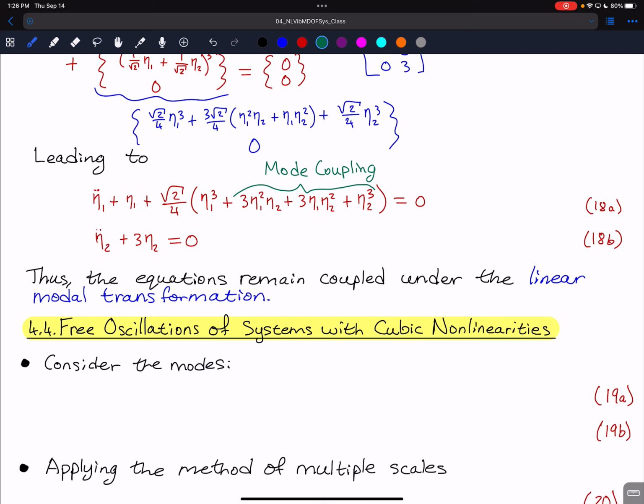What we're going to do now is consider similar sets of equations, but we're going to include damping and more nonlinear terms. Then you can play with the parameters to determine what kind of nonlinearity you have. In my numerical examples, I've chosen to show a nonlinear spring coupling the two masses together.